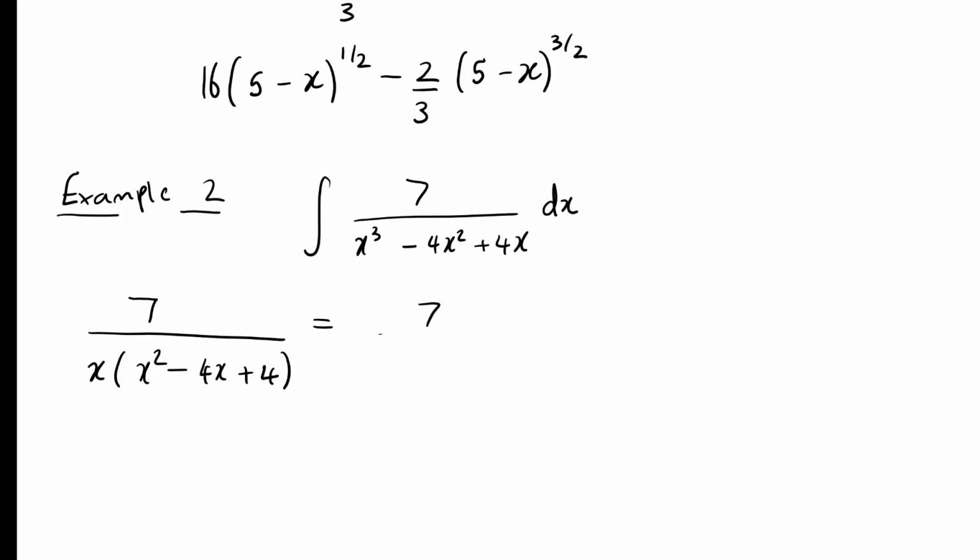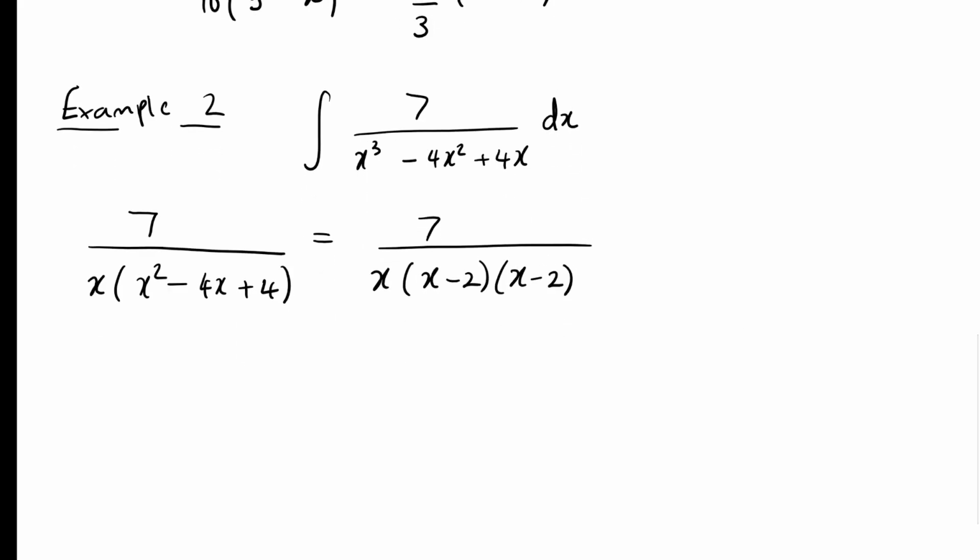This can be further factorized to x bracket x minus 2, x minus 2. And then as this is the integrand, it needs to be rewritten in terms of partial fractions.